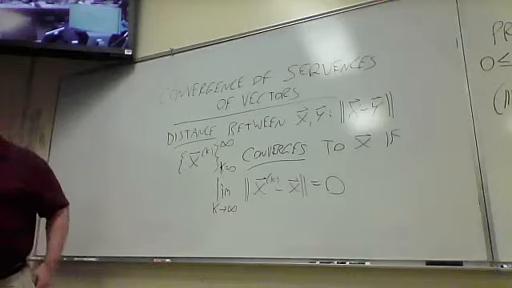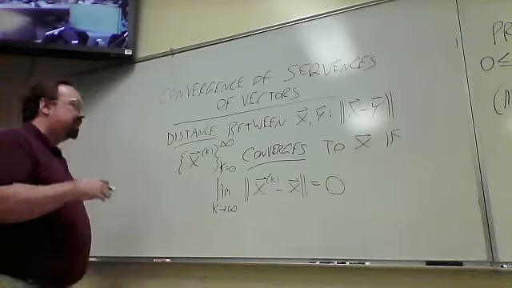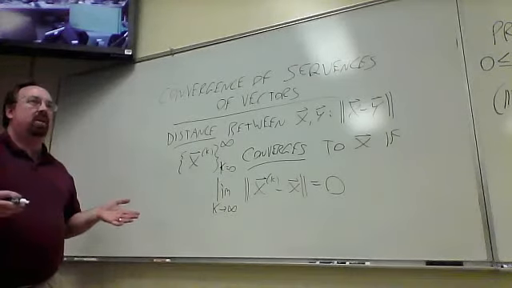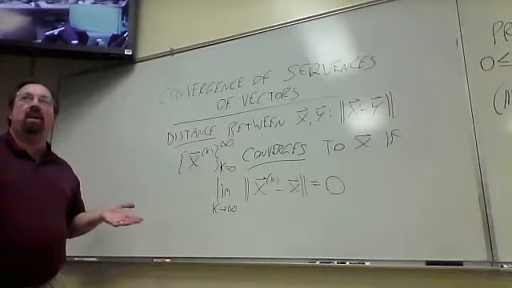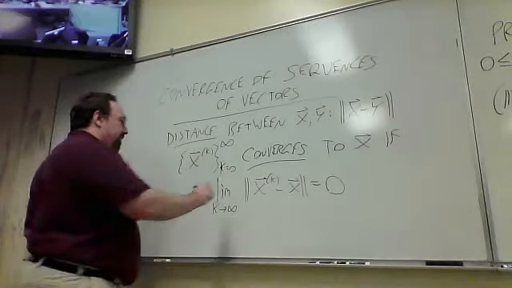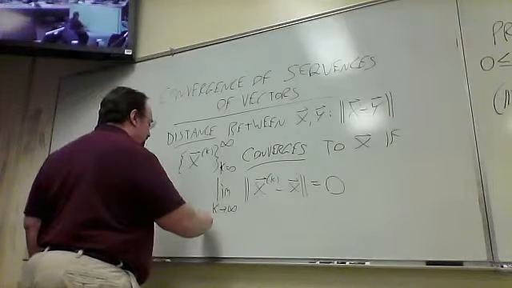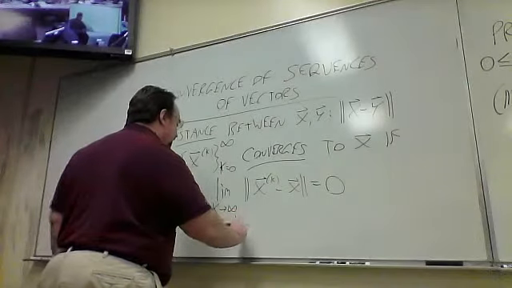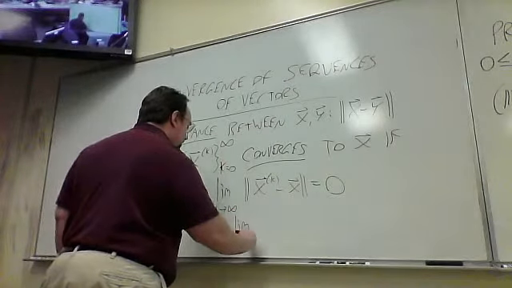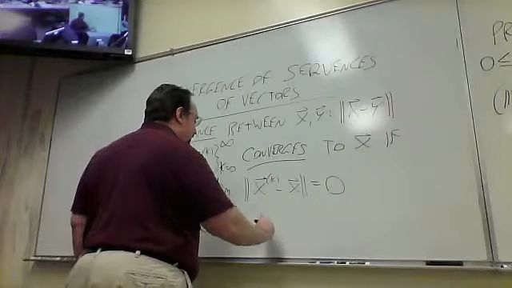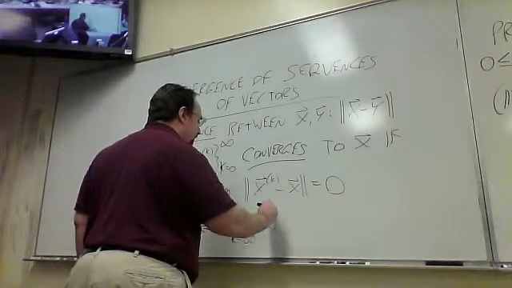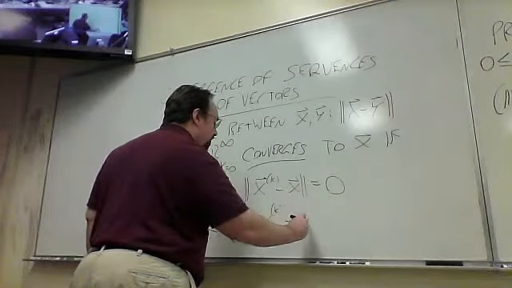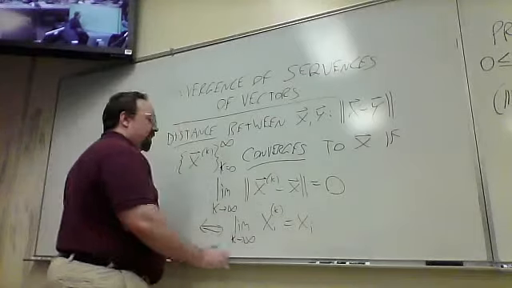Okay. And because of the property of a vector norm, that a vector norm is always positive for any non-zero vector, it turns out that this is true if and only if the limit as k goes to infinity of each component of x^(k) converges to the corresponding component of x.